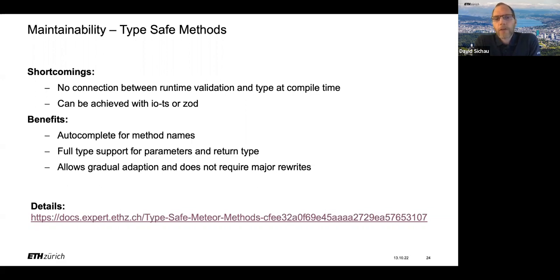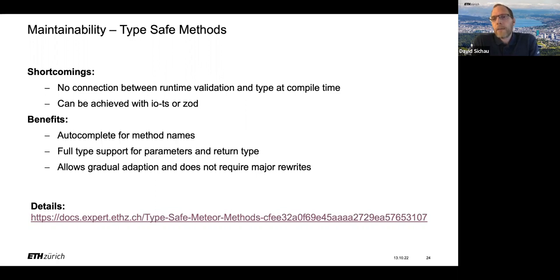So the benefits for us: you have an autocomplete for method names. You have full type support for parameters and return type, which really helps to ensure that the application is much safer than before. Another big benefit we saw is that during the migration, it allows a gradual adaptation. You can just switch one method at a time and don't need to rewrite all the several hundred methods you have in your application.